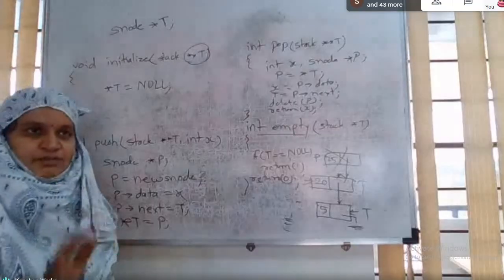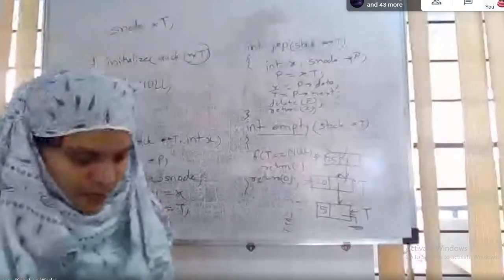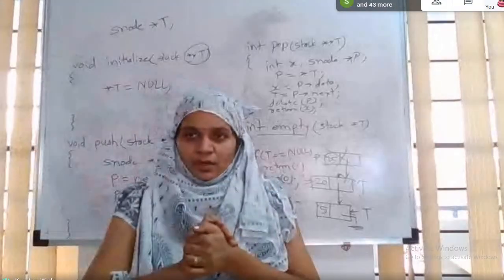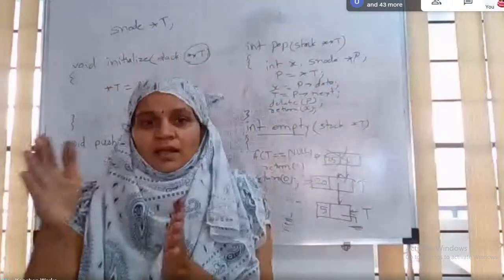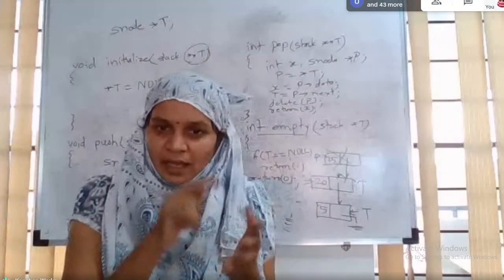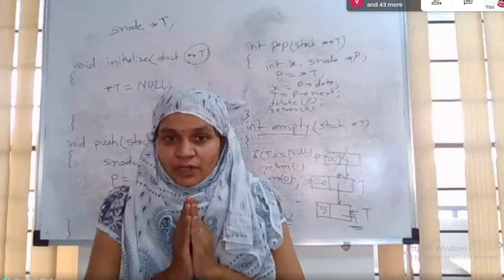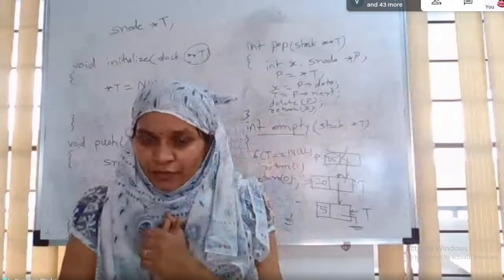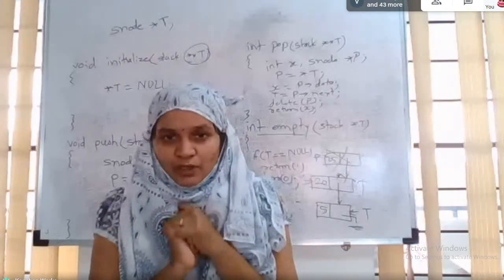I will give you one example of how to implement all these functions in a program. Suppose I want to perform reversing of the string. My string is INDIA. How many characters are there in it? INDIA. Yes, means I want to create a linked list of 5 nodes, or 5 elements I want to push on the stack.